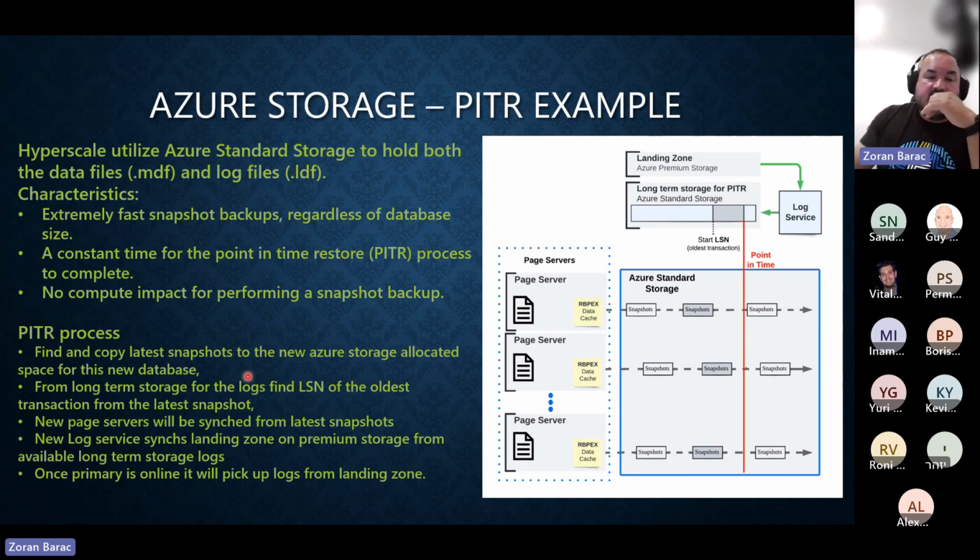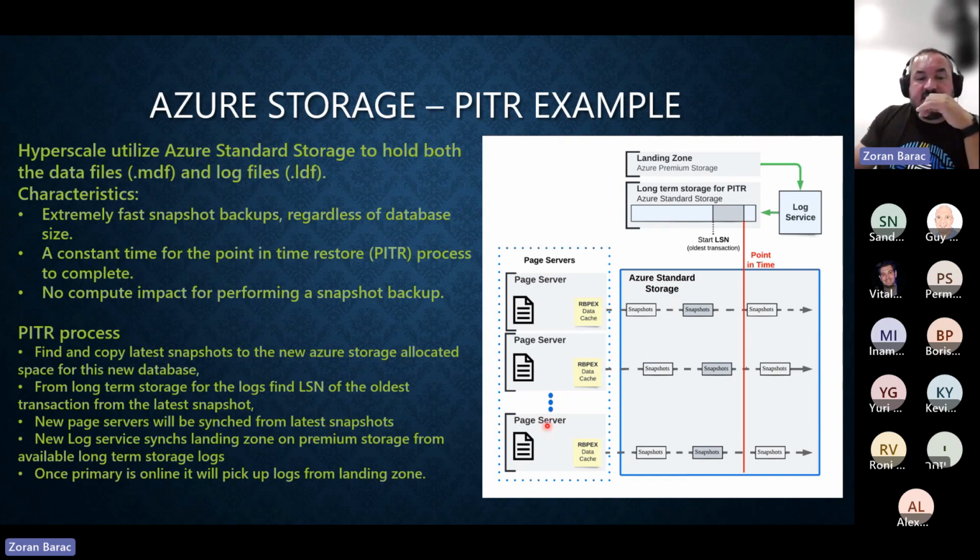When you choose your date, it pulls the latest snapshot for each one of those page servers, and then finds the LSN, the sequence number of the oldest transaction from the latest snapshot. It looks for that in the long-term storage belonging to the log service. This is all the log service here. So the backup restore is this fast, and then from there it adds the point in time where you want to go. It's going to create a new page server.